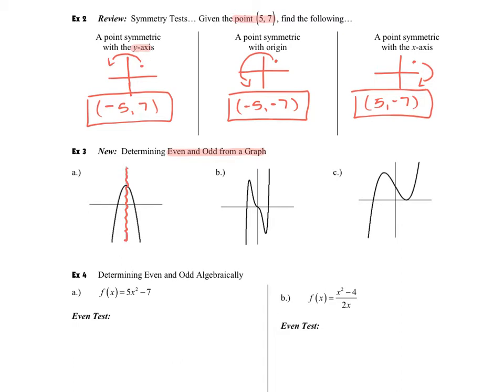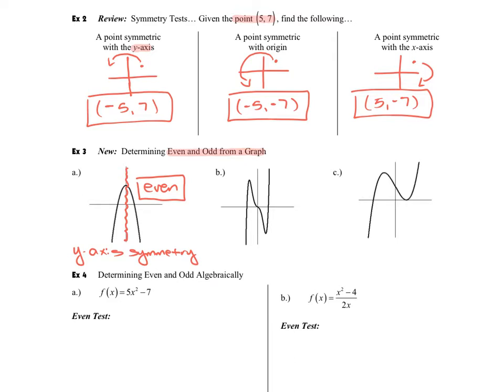When a graph has the y-axis as its line of symmetry, we call this y-axis symmetry, and we say that this function is even. So if we knew the equation for this particular function, we would say that function was even.